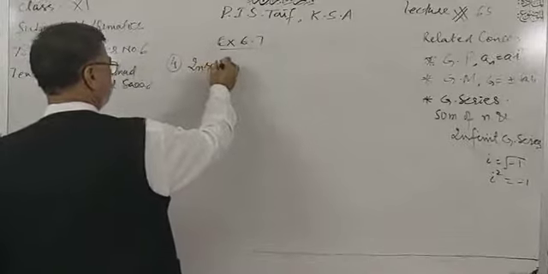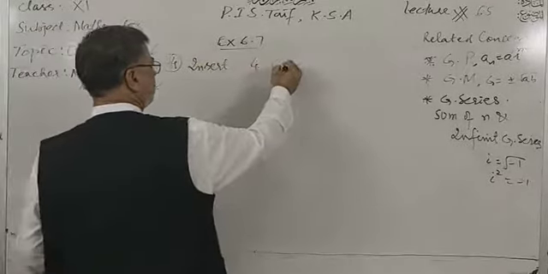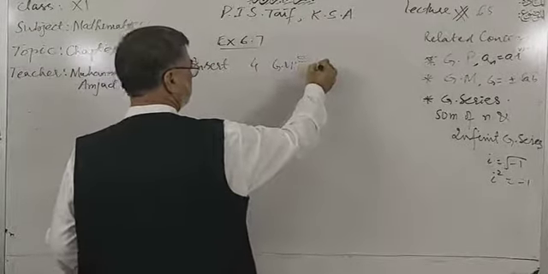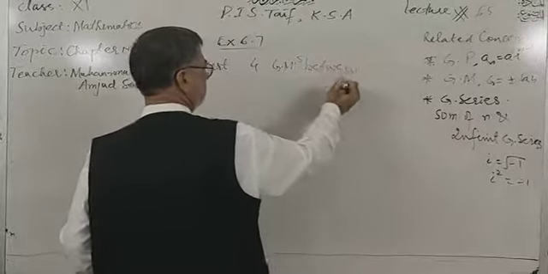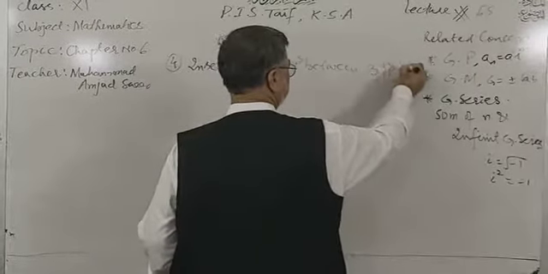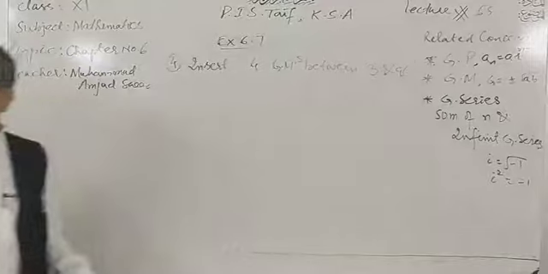Insert 3 geometric means, then insert 4 real geometric means between 3 and 96. So I am taking question number 4. Insert 4 geometric means between 3 and 96.